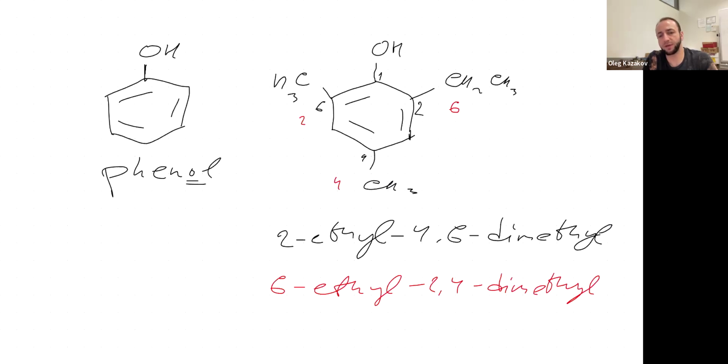Ethyl here will have a lower number, and here it will have a higher number. Other groups, such as dimethyl, will have the numbers 4 and 6, and 2 and 4. So overall, if you look at this, the numbers seem to be the same: 2, 4, 6, and 2, 4, 6.